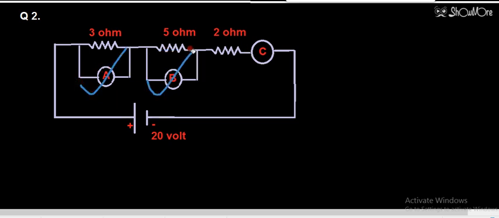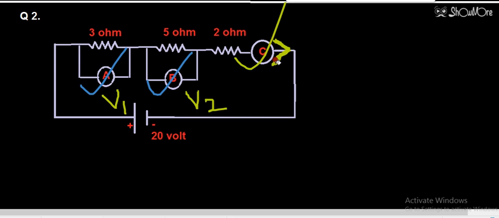A is a voltmeter, B is a voltmeter and C is an ammeter. Note down: A is a voltmeter, it will read V1, which is the voltage drop across this 3 ohm. B will read V2, which is the voltage drop across this 5 ohm resistance. Now C will read the current flowing through this circuit.